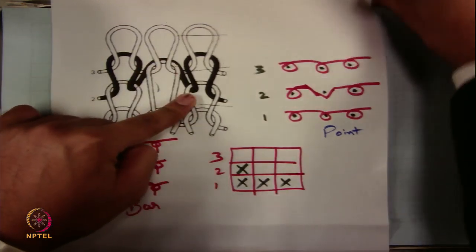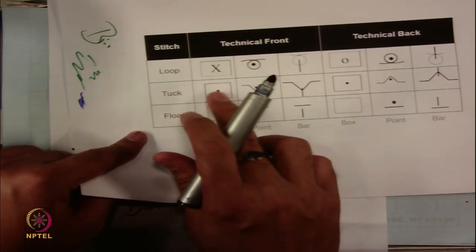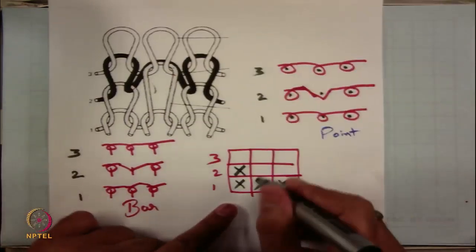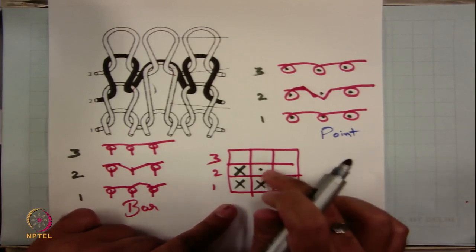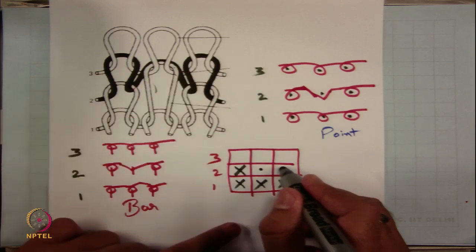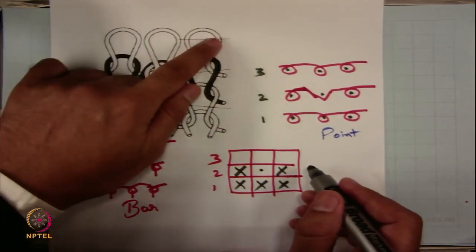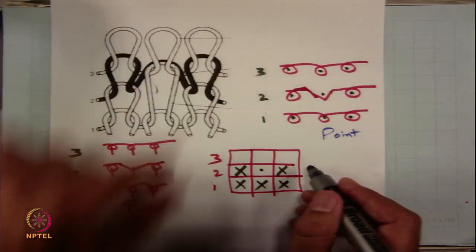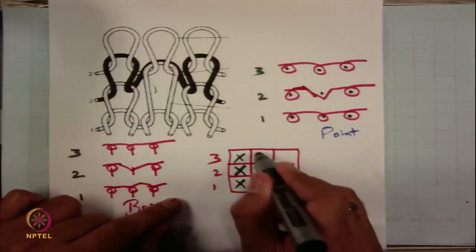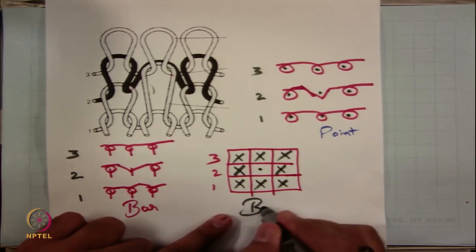So, how do you represent it in a box diagram? The tuck is represented by a dot. So, this is the dot. You represent a dot because it is a tuck loop. Then the third loop, technical front. Then in the third course, all are technical front loops, cross, cross, cross. So, this is the box diagram.